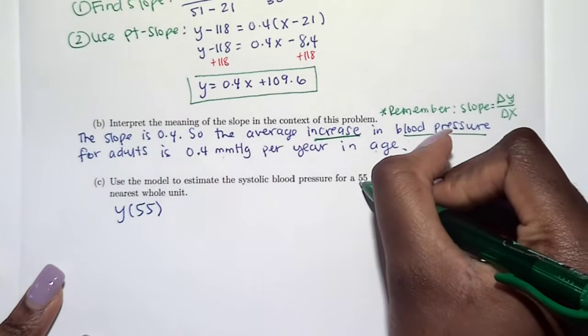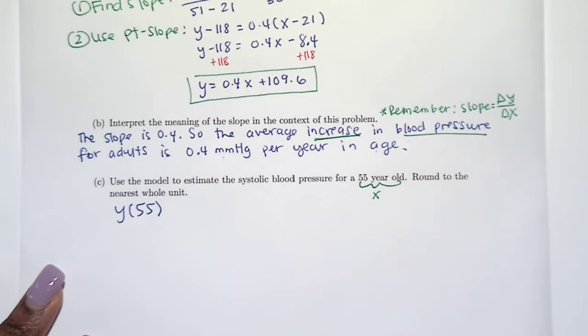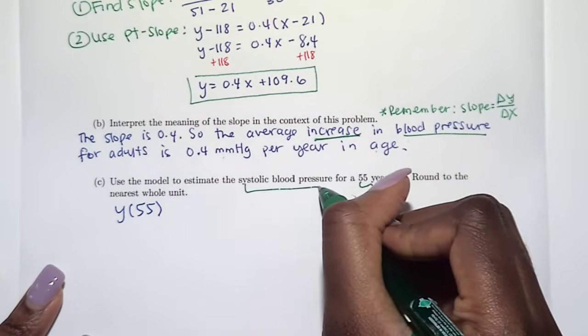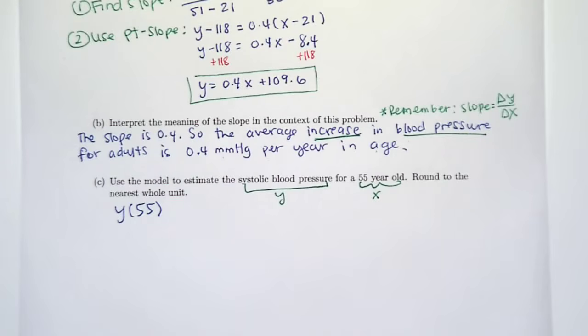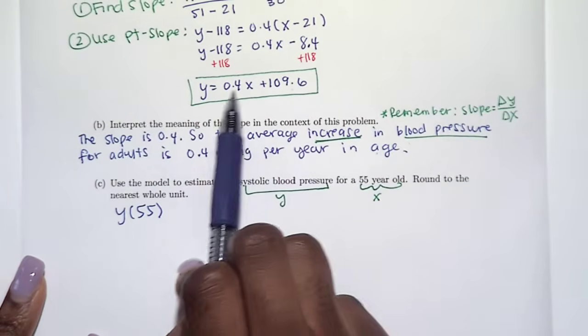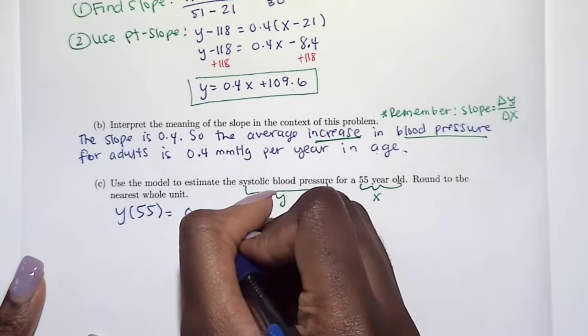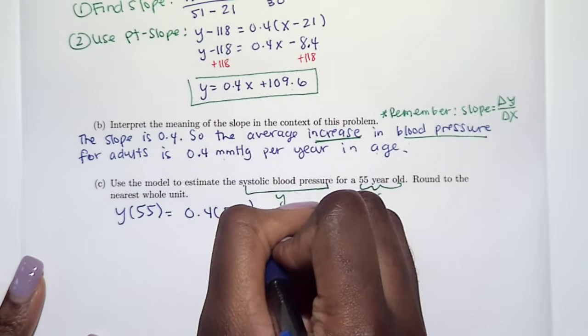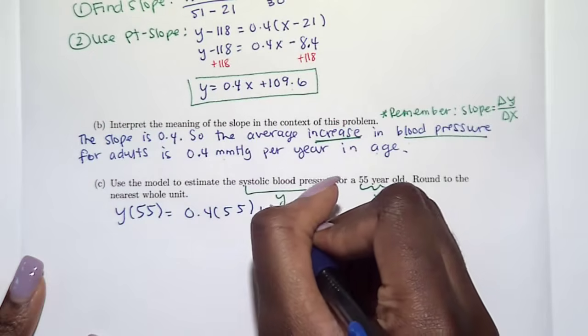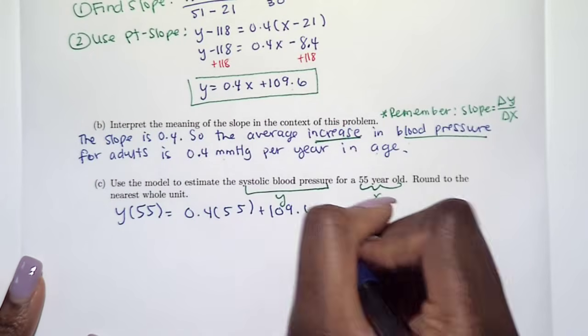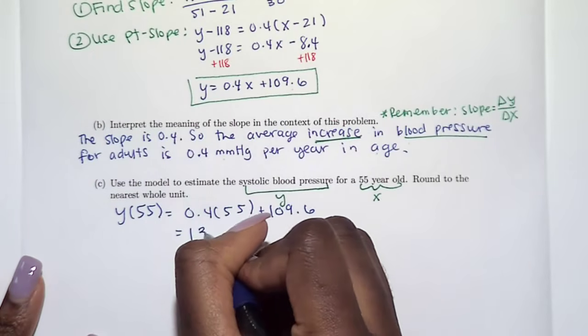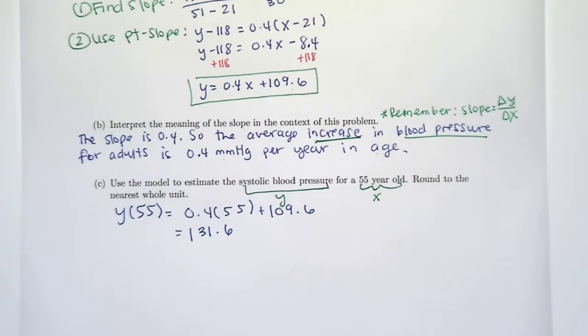I'll write a note here. This is our x. This is our y. We can find y of 55 using this. 131.6 is my answer. It says round to the nearest whole number.